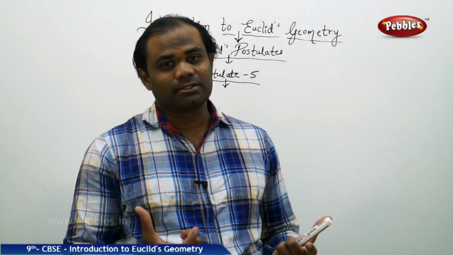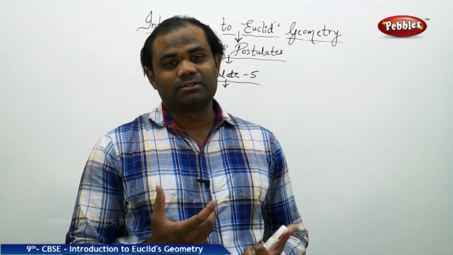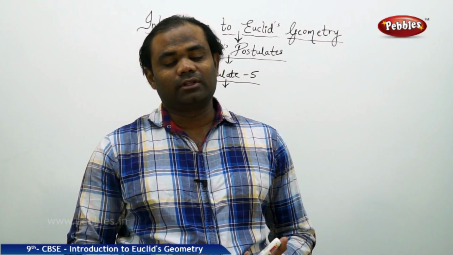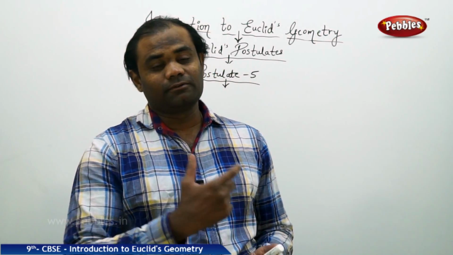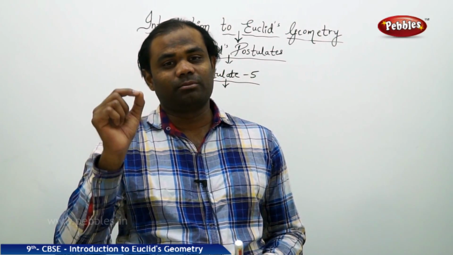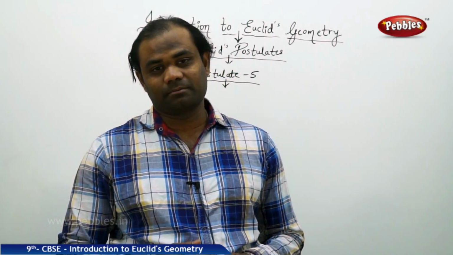We can analyze, obviously, when I say all right angles are equal to one another, that means 90 degrees, it will be same anyway. So they are not that much focused on, but the 5th postulate, which is very complex, is how Euclid has contributed to developing the geometry as ages pass by.